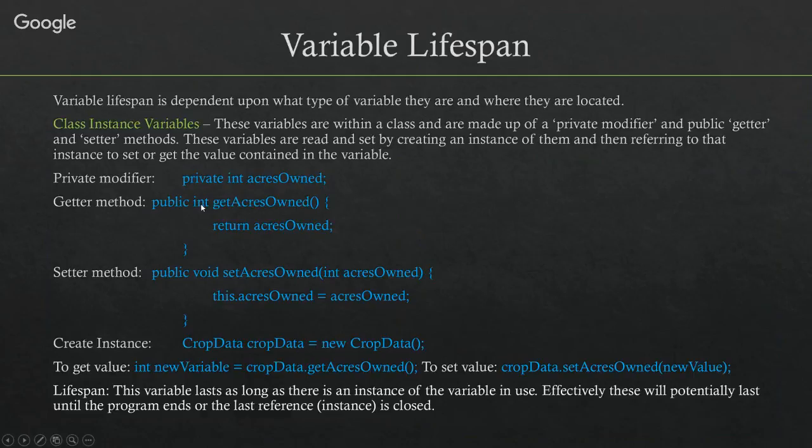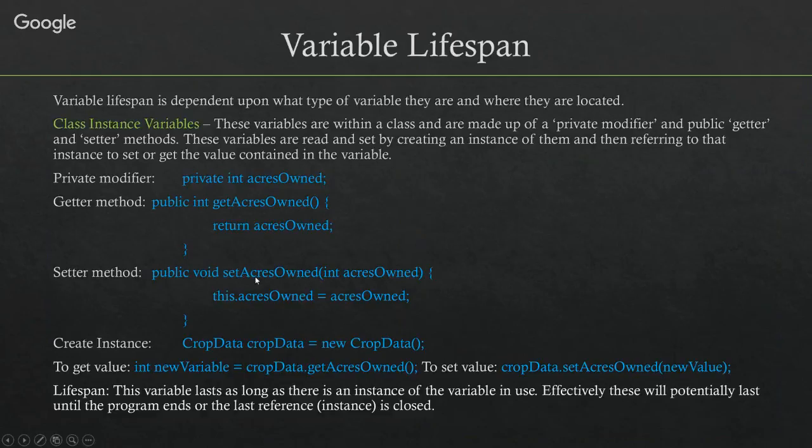So public integer means that our get acres owned is an integer, and when this is called, then we're going to return acres owned. So we're going to return what this variable contains, the value of it. When we set it, if we have a number that we want to set this to, we would call this function, and we're returning nothing.